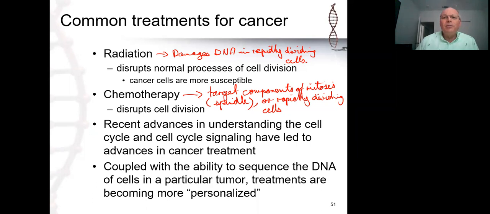It's when that system gets overloaded with DNA damage that the system breaks down. So if you've got a cancer cell that's already dividing reasonably rapidly, if you can damage its DNA severely, the repair mechanisms simply can't handle that, and the cell will die as a consequence because it'll be programmed to die.